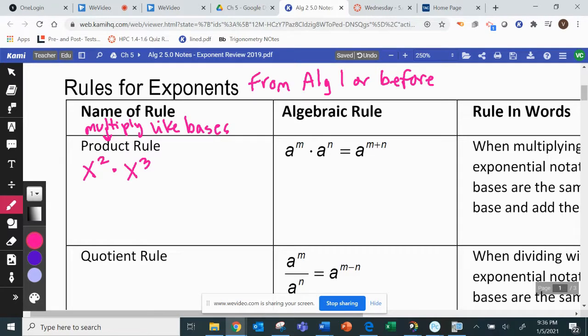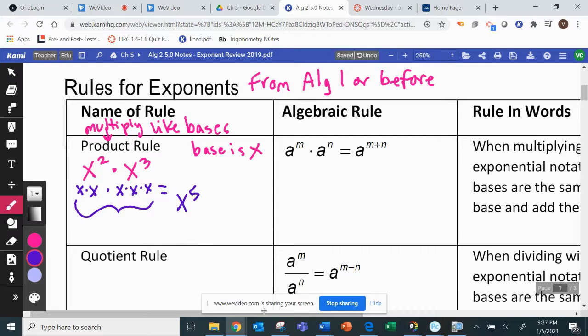So we're multiplying an x squared and an x to the 3rd. So the base is x for both. That's our like base. When we multiply like bases, I'm going to do an expanded version and then we'll look at the algebraic rule. When we multiply this, x squared is just x times x, multiplied by x cubed is x times x times x. And then we look at all that and we say, well, that's x to the 5th power.